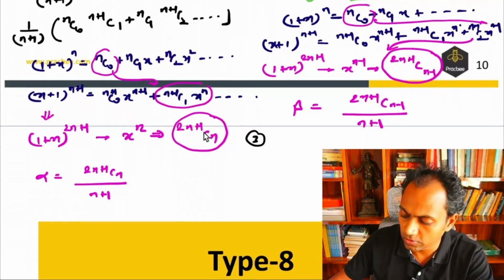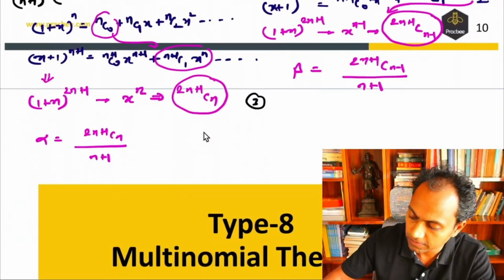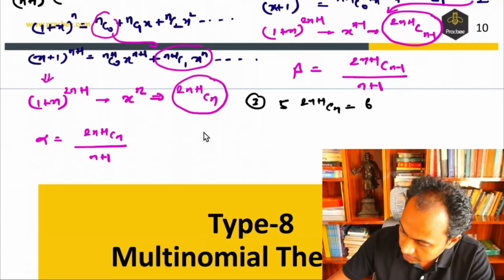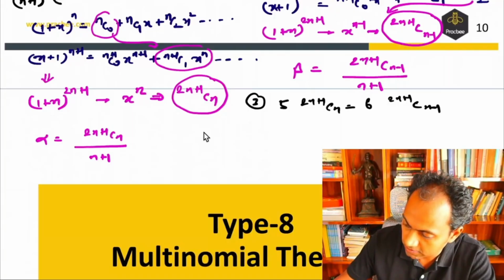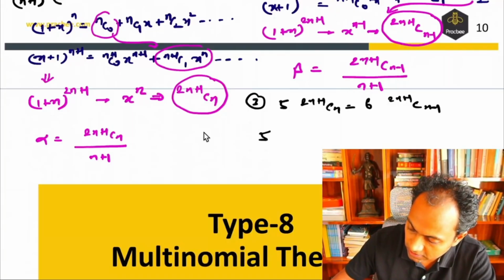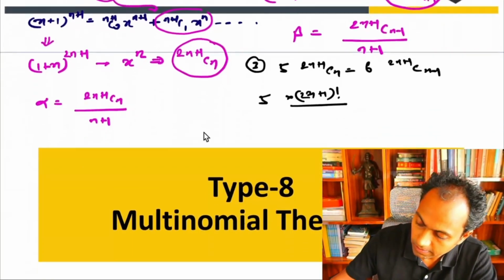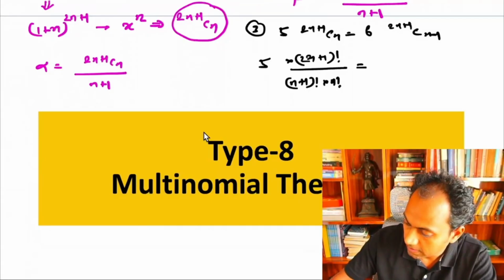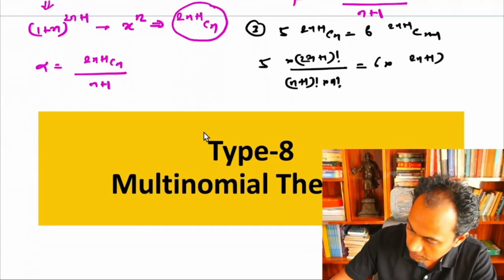Now if I move towards the third step, let us look into what the question is saying. They are saying that 5 alpha is equal to 6 beta. So 5 times alpha, that is 2n+1 Cn, is equal to 6 times 2n+1 C(n-1). If I simplify this, this can be written as 5 into (2n+1)! divided by (n+1)! into n!, equal to 6 into (2n+1)! divided by (n+2)! into (n-1)!.